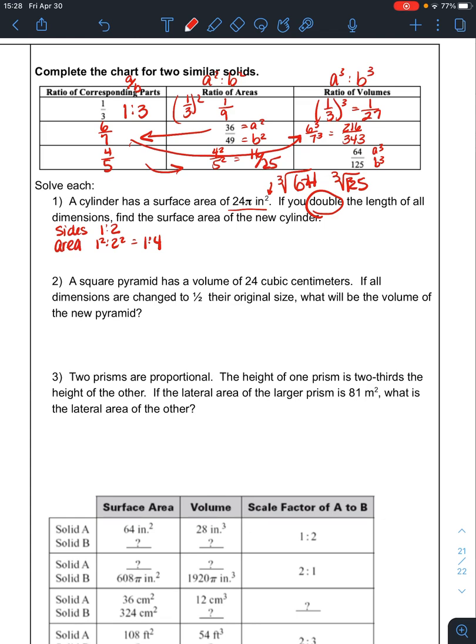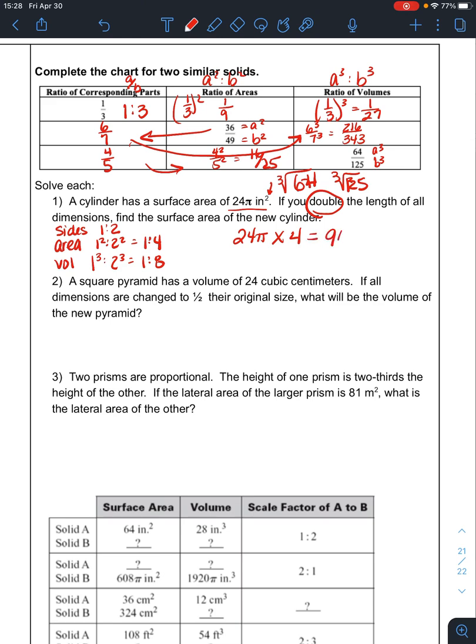Even though we don't need it, I'm going to go ahead and do our volume ratio for practice. That would be 1 cubed and 2 cubed. So my volume ratio, if I did need it, would be 1 to 8. That's my multiplier. So if my sides are times 2, my area will be times 4, my volume will be times 8. I'm starting with an area, 24 pi, so I want to know my new area, so I'm going to use my area multiplier times 4.